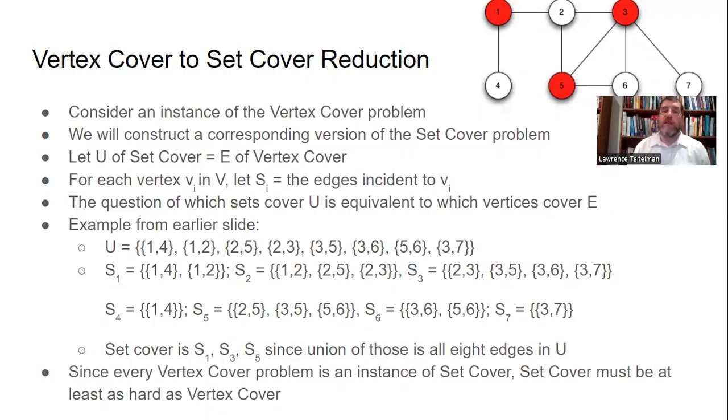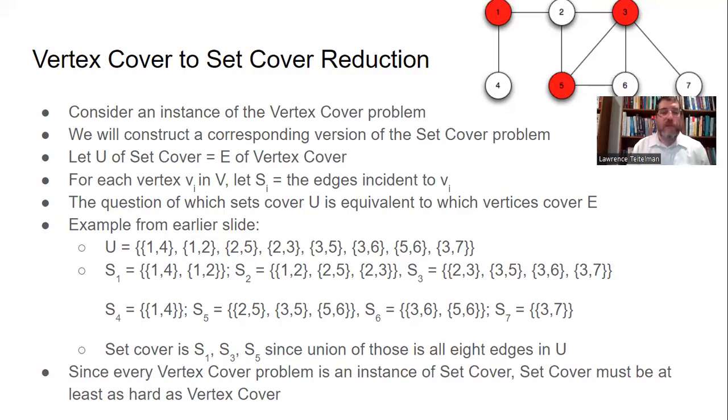Our universe is just the set of edges. So our universe here has 1-4, 1-2, 2-5, 2-3, 3-5, 3-6, 5-6. You get the idea? Every edge in our vertex cover problem becomes part of the universe.